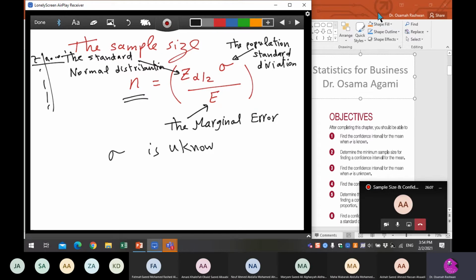So be careful in this case. You should know the standard deviation of your population to be able to know the sample size. Without the standard deviation, you cannot have the sample size.